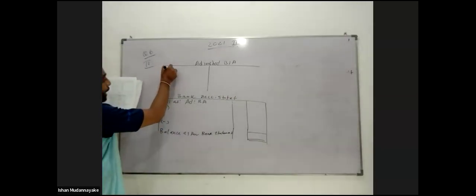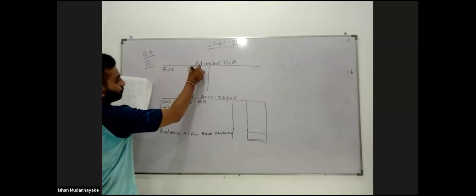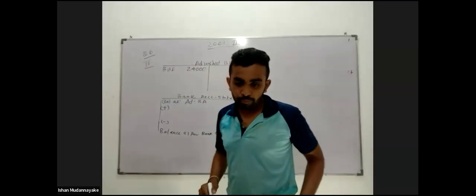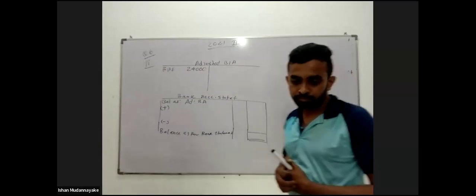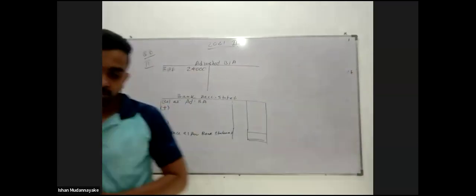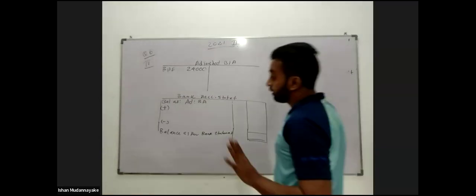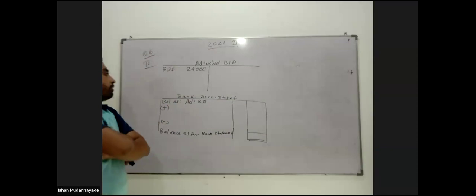In this question, the bank account has a favorable balance of 24,000. Then the balance brought forward in the adjusted bank account, the opening balance, is 24,000 on the debit side. Right now, my opening balance of the adjusted bank account, how much? 24,000 debit side.